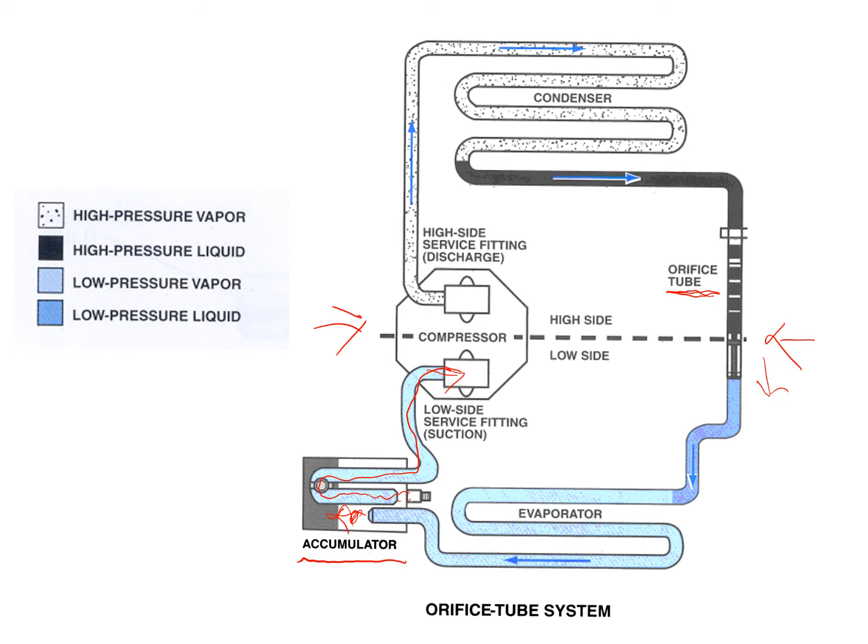It can damage the reed valve system that the compressor uses. So because of that, we will have an accumulator. If you have a fixed orifice tube, you will have the accumulator, and it's going to be located after the evaporator, but before you get to the compressor.